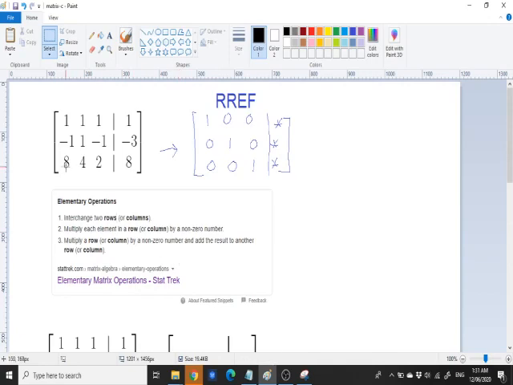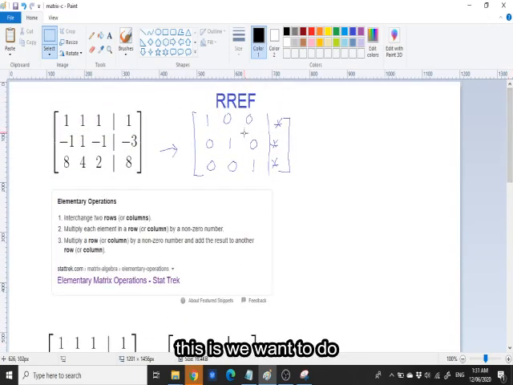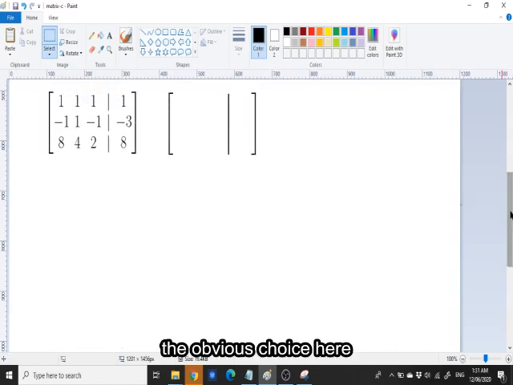Okay, so let's try. So again, looking at this, this is what we want to achieve. So the obvious choice here is to add row 1 and row 2, right?